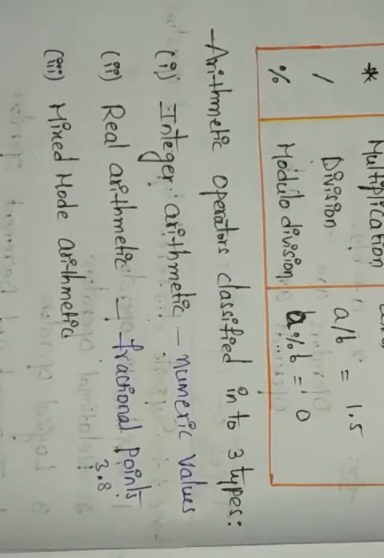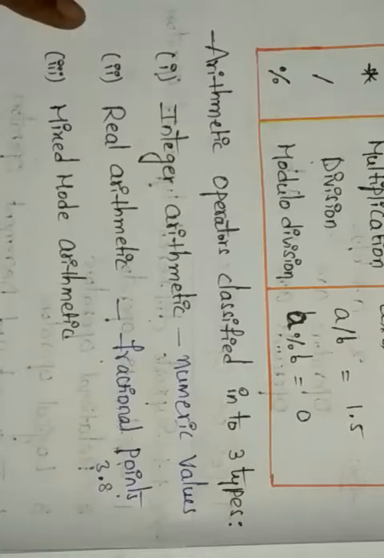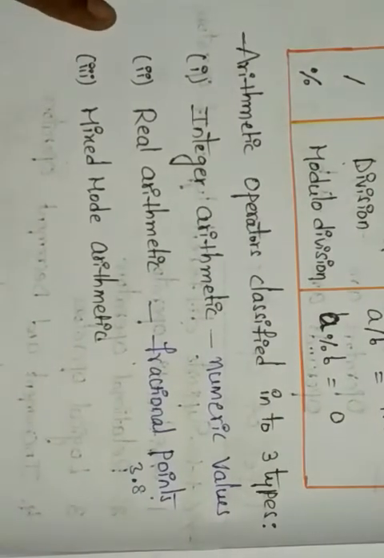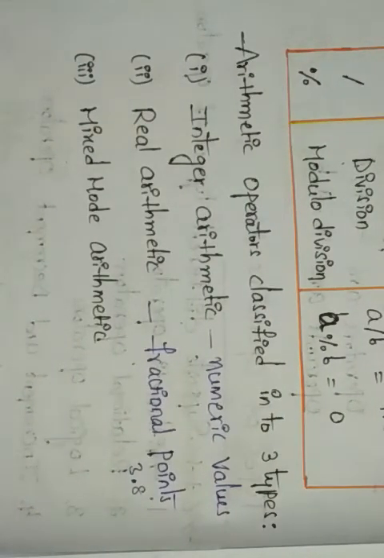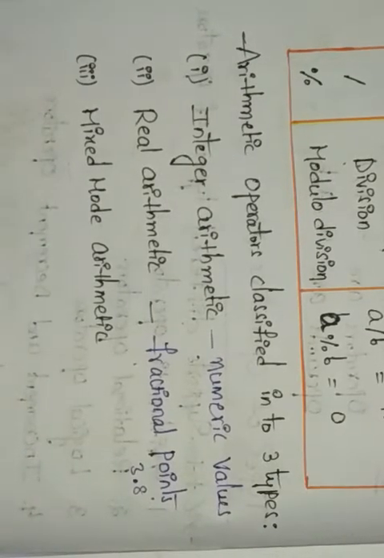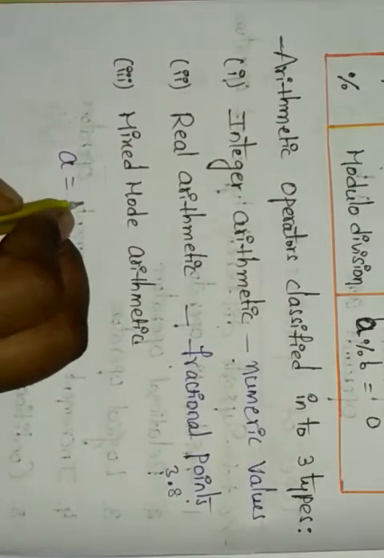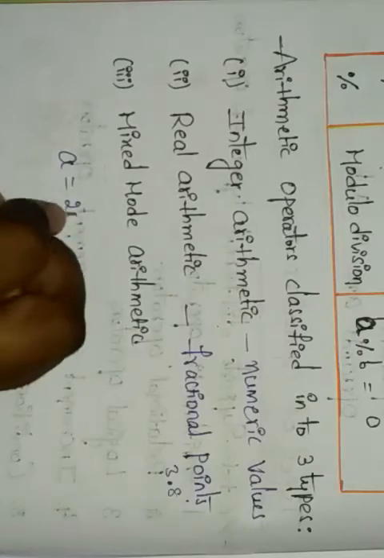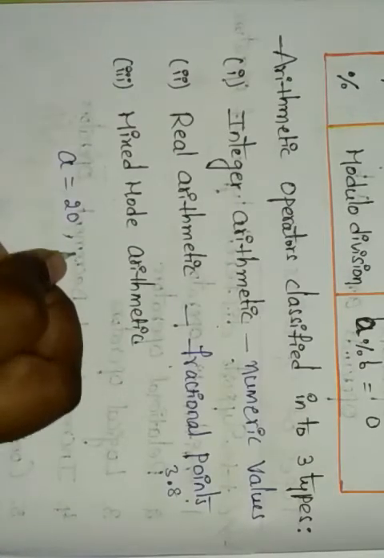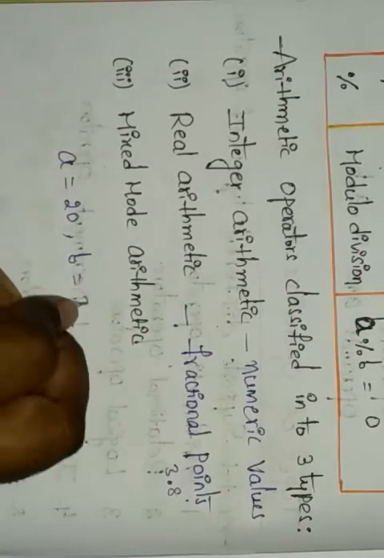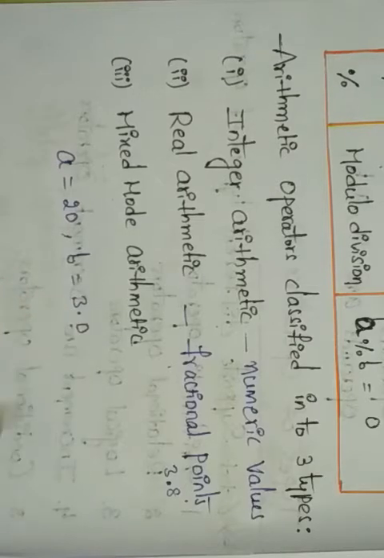And sometimes we can perform the mixed mode arithmetic also. Mixed mode means we can include the integer arithmetic and real arithmetic. For example, I am taking A equals 20 and B equals 3.0.